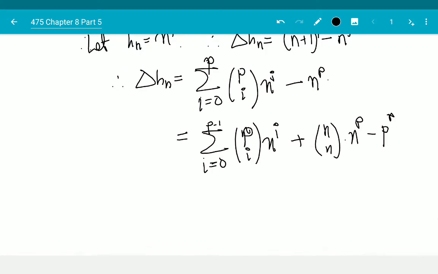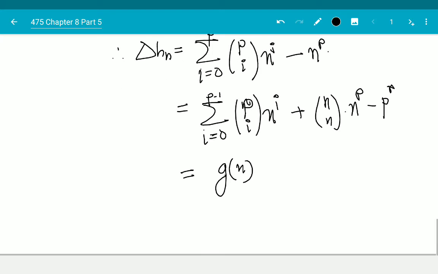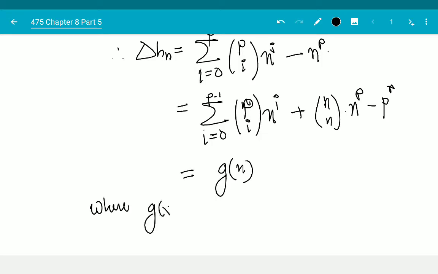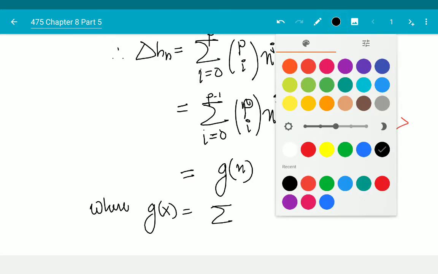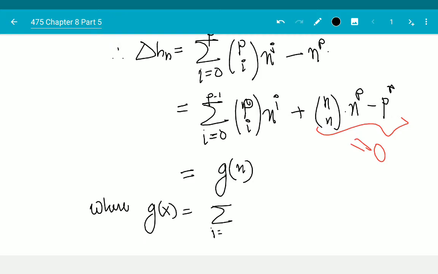Well, p choose p is just 1, so this is equal to just some polynomial g of n, where g of x is equal to the sum from i equal to 0 to p minus 1 of p choose i, x to the i. Whoops, not n to the i, x to the i.